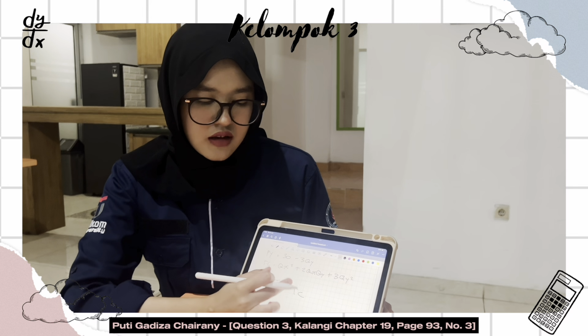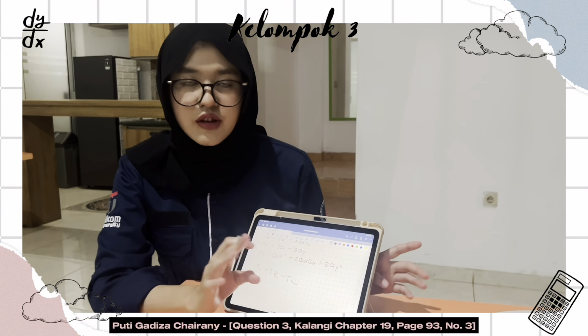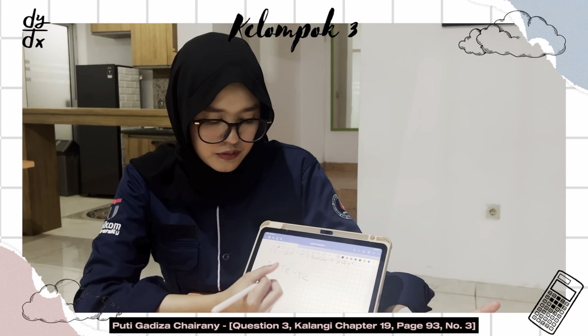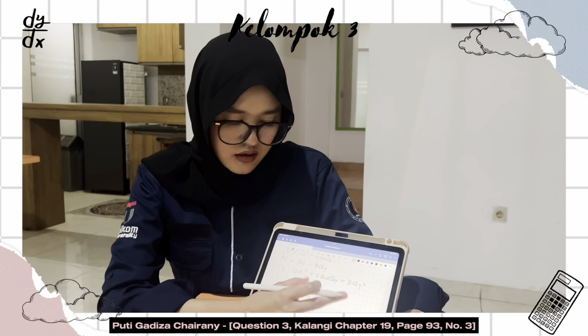The total cost is already here, but we have not found the total revenue. The formula of total revenue is P times Q.